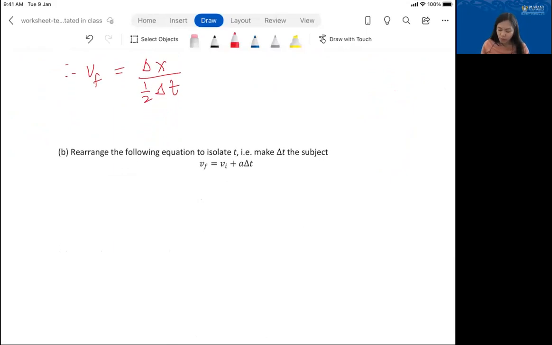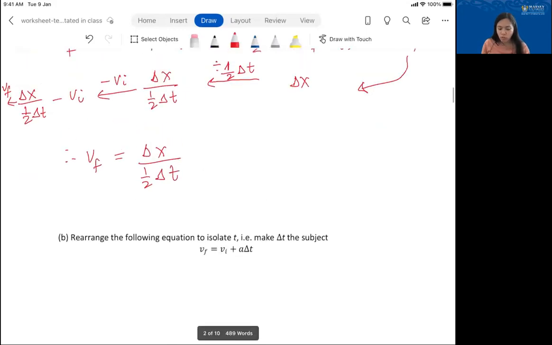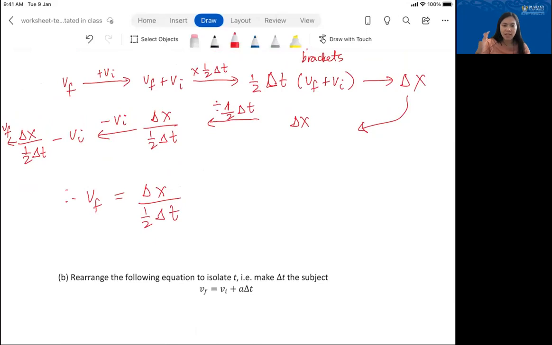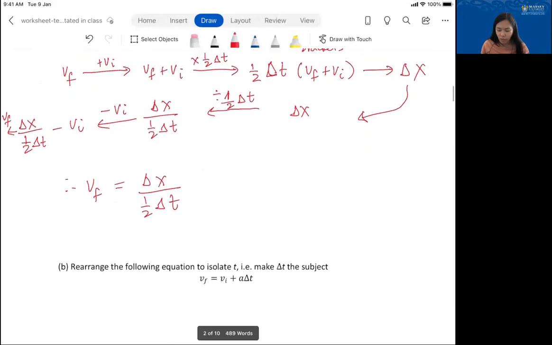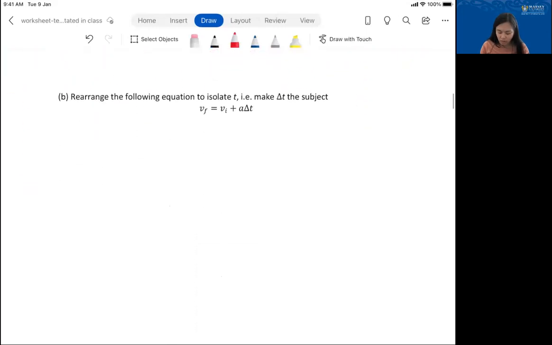Right, next one, isolate delta T. Okay, this equation is a bit simpler, so I'll do the rearranging using the second method, which is a normal progression. Usually when you've done this building up and tearing down process, you'll start to develop the skill, and you can just rearrange this equation without going through the building up process.